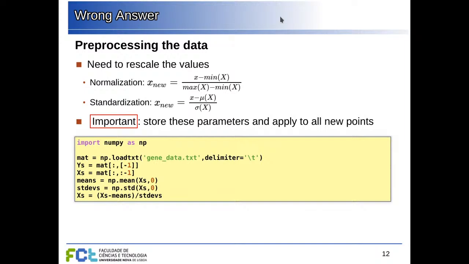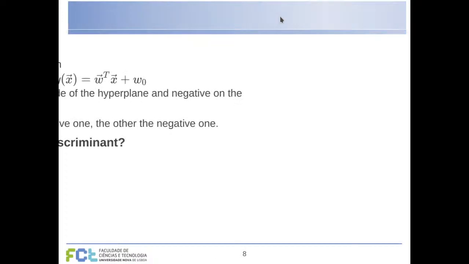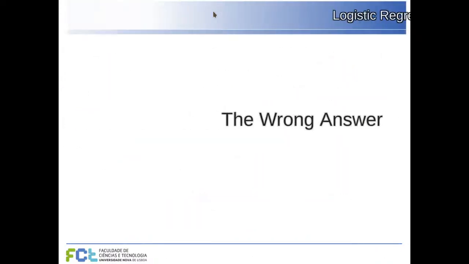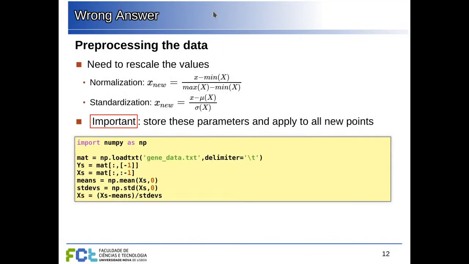In this case, note that the x is not a single value, but for each point we have two x values. We have the activity of one gene and the activity of the other, and this tells the position of the point. The y value, the one we're trying to predict, is the class label. Ones are tumored, the others are normal.